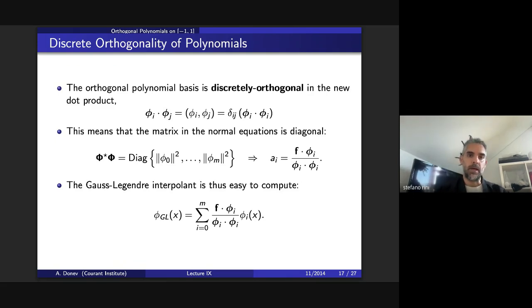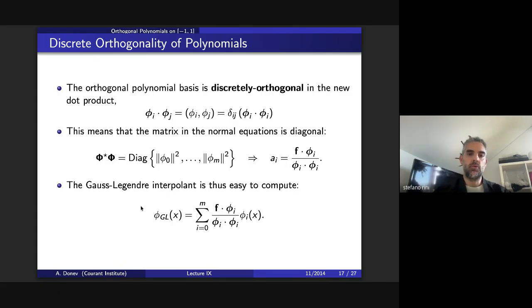Okay, so the orthogonal polynomial basis is discretely orthogonal if the dot product is equal to delta ij times phi i times phi i. So we're taking the function by itself, we're taking the product, then we get a discrete delta ij. This means that the matrix in the normal equation is diagonal, so that phi transpose times phi is equal to the diagonal, and we have the norm of the polynomial here, and then the a_i coefficients in the interpolation are the evaluation of the function at the point multiplied by this object here.